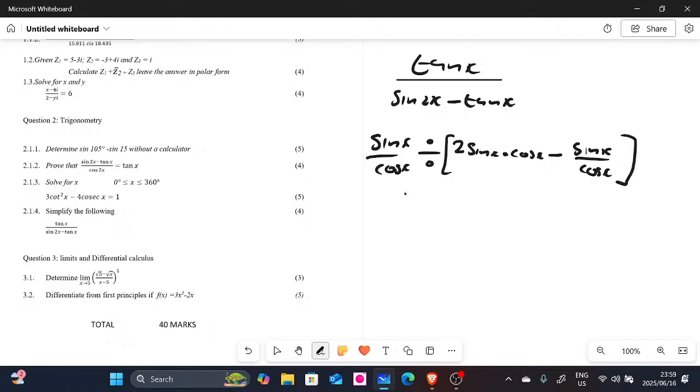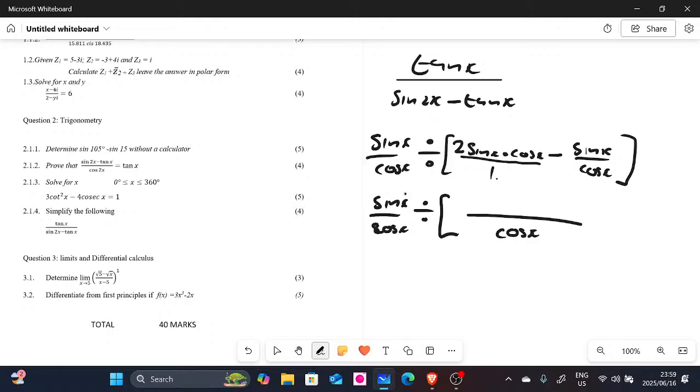There we go. The one here, there's nothing you can do at the moment. Just write it as sine over cos x, and then divide by. And then here you have to find the common denominator, the lowest common denominator. This is divided by 1, by the way. So we do the same thing.